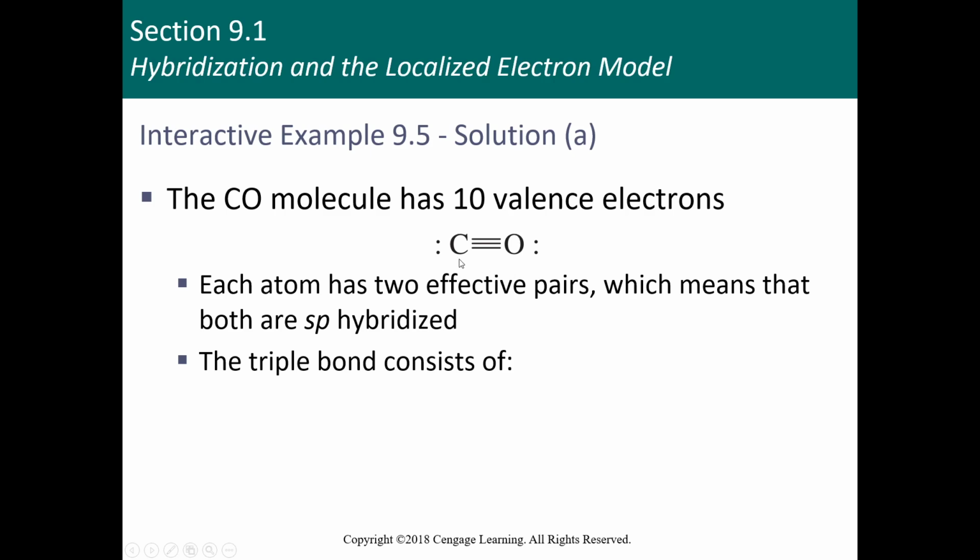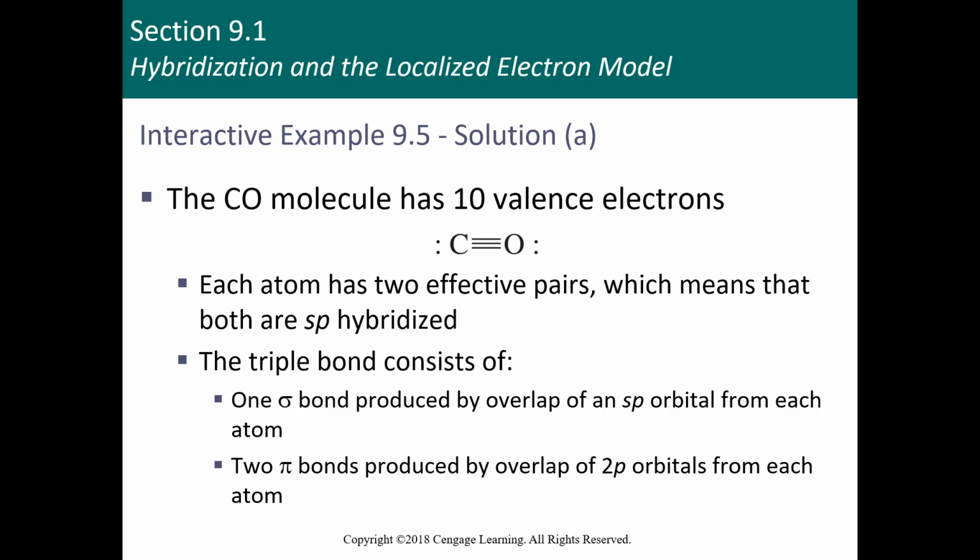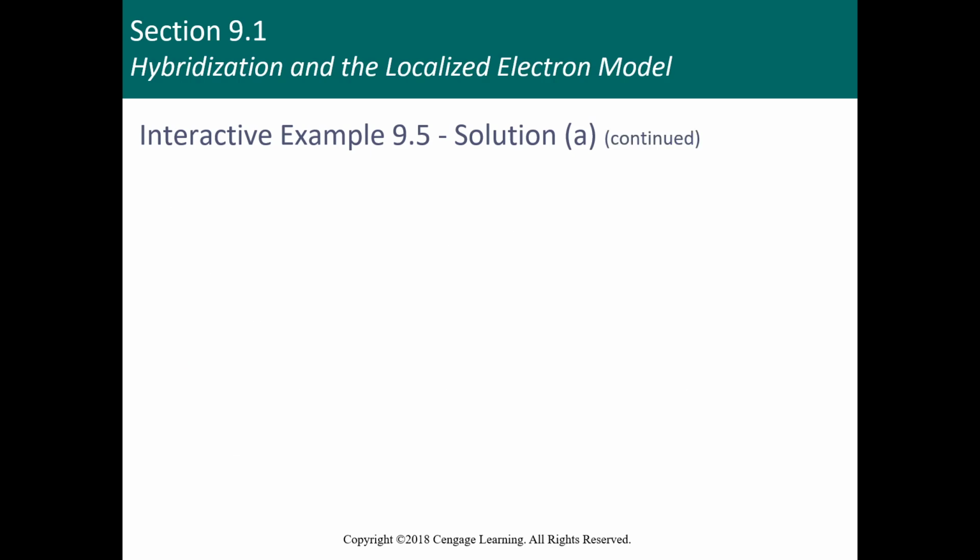Remember, they have two lobes, so up and down. And then you have the third bond, which would be another pi bond, being made by p orbitals coming in and out of the plane, overlapping on their sides when they are parallel.